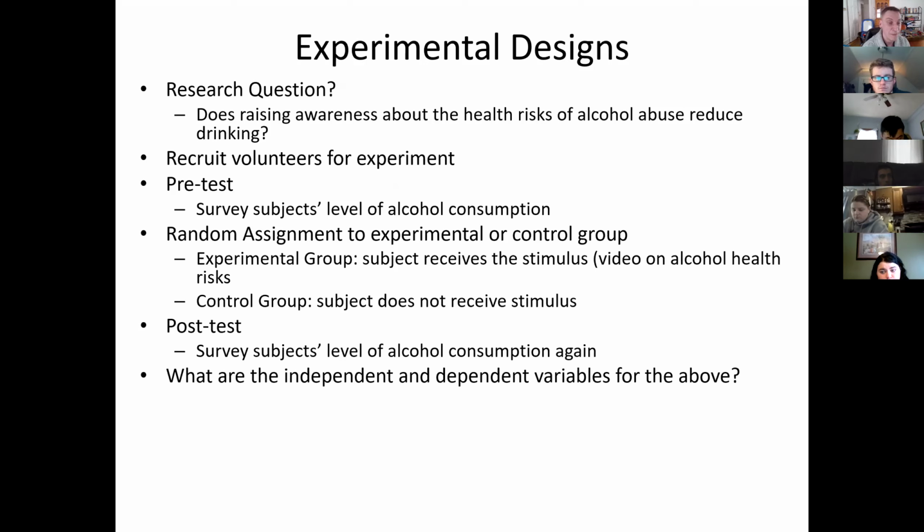You want to reassess their levels of alcohol consumption. We want to know, did exposure to the experimental condition result in presumably less alcohol consumption as compared to people in the control group?